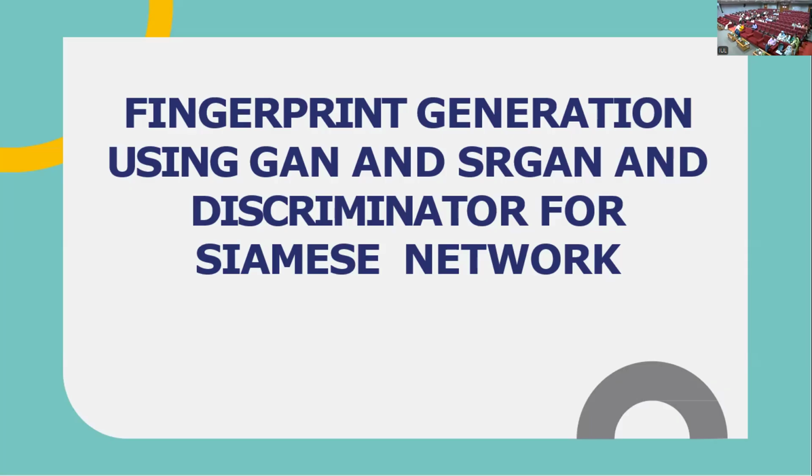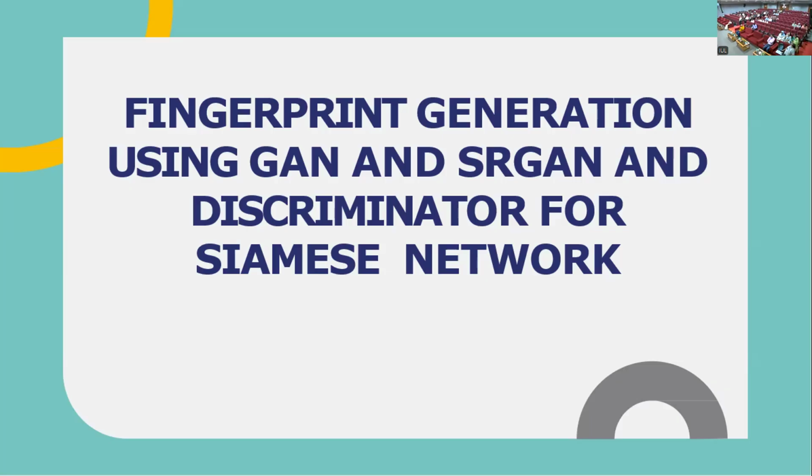On the next slide, we generate the biometric fingerprint using GAN networks. Once we started with GAN, the generation was not up to the mark, so we then used SRGAN, which means super resolution GAN, to clearly discriminate the ridges and valleys associated with each fingerprint.